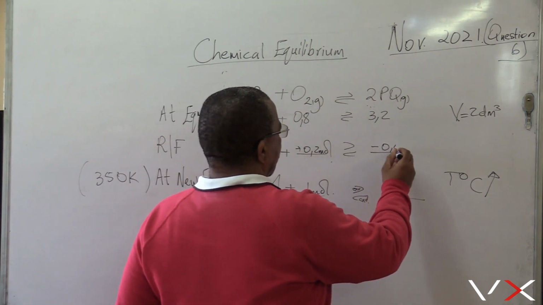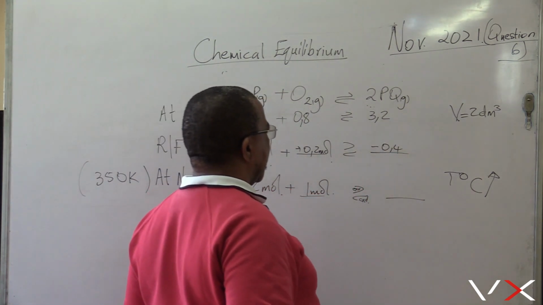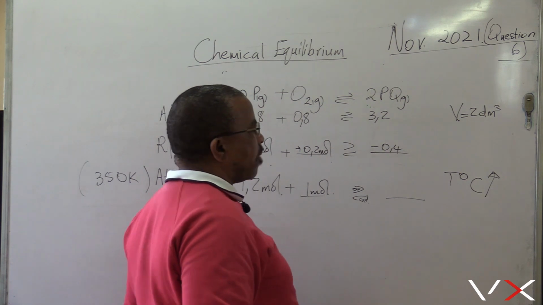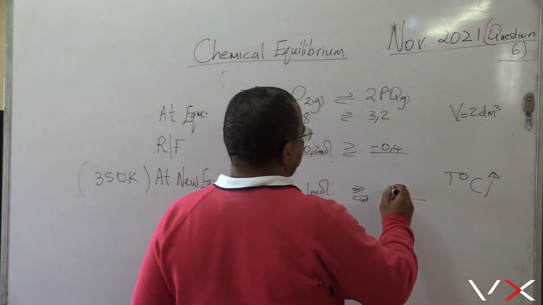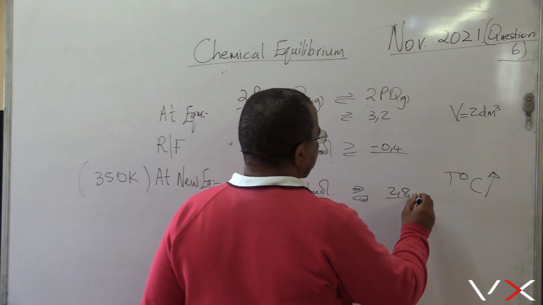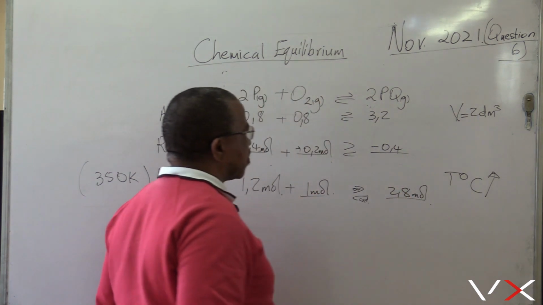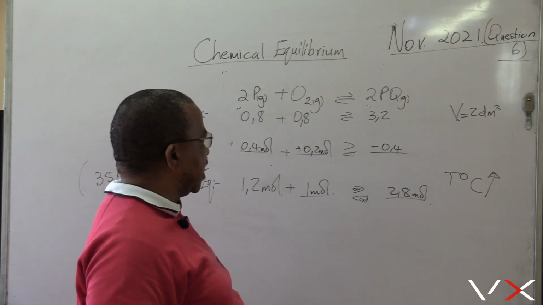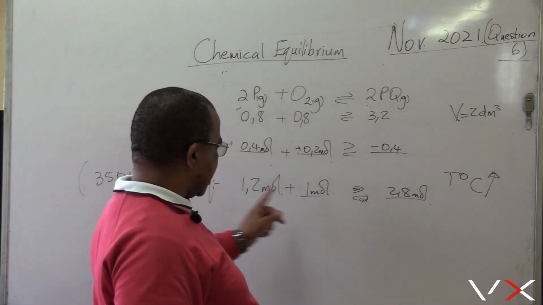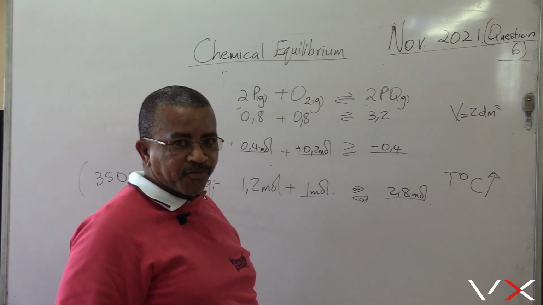Kuphuma u0.4. Kanti bawuna ngaki na? Bawuna 3.2. Kwaphuma ngaki na? 0.4. Kwasala ngaki na? 2.8 moles. Hey, 3.2 mawukhipha u0.4 kusala ngaki 2.8. In a number of moles.